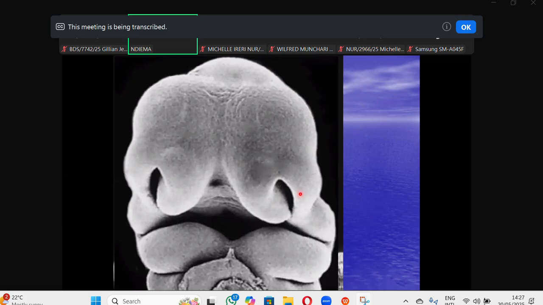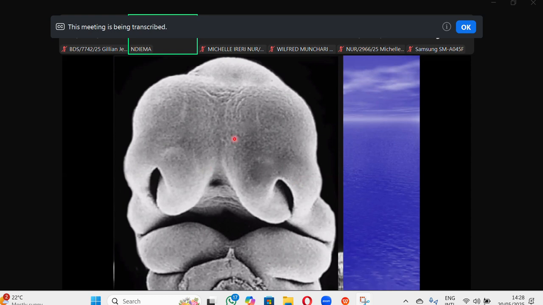Around the nasal pit, and then eventually the nasal sac, we have ectodermal and mesodermal proliferation, the mesenchyme tissue from the neural crest cells, forming two processes, the lateral nasal process and the medial nasal process. The medial nasal processes proliferate faster and fuse together at the midline.